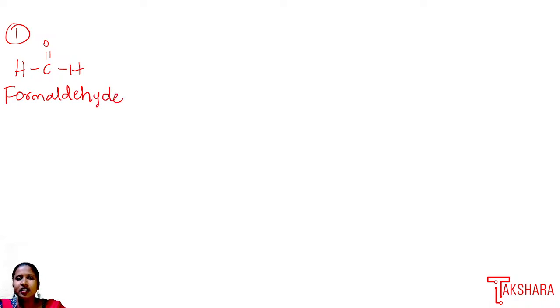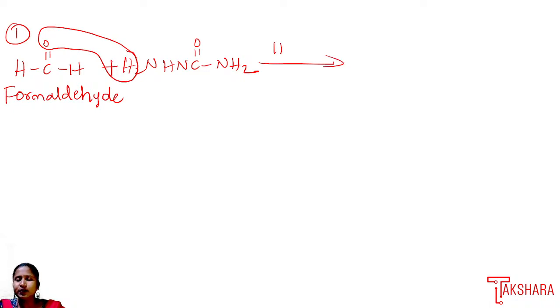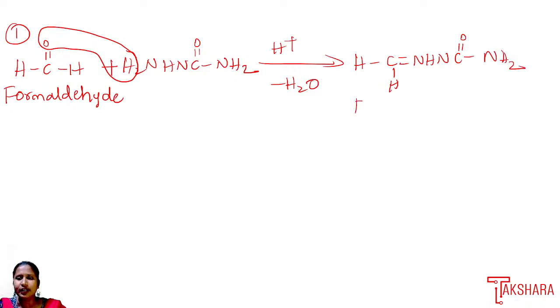When formaldehyde is treated with semi-carbazide, that is NH2 NH C double bond O NH2, a water molecule is removed in the presence of an acidic medium, and we get the product HCH double bond NH N C double bond O NH2, which is called formaldehyde semi-carbazone. Formaldehyde semi-carbazone product is going to form.